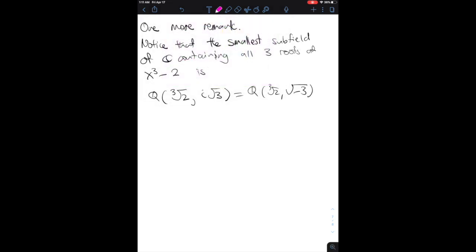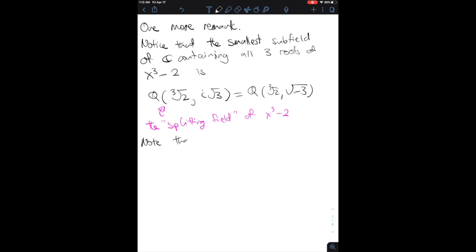Let's write i times root 3 as the square root of minus 3. Okay, so this is the smallest subfield containing all three roots. We call this the splitting field of the polynomial x cubed minus 2.